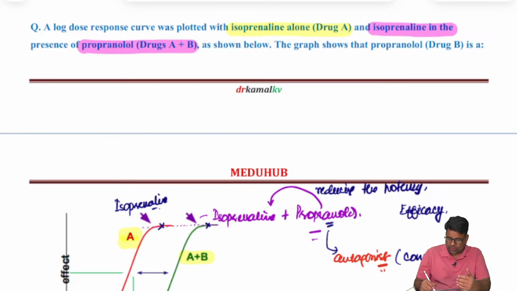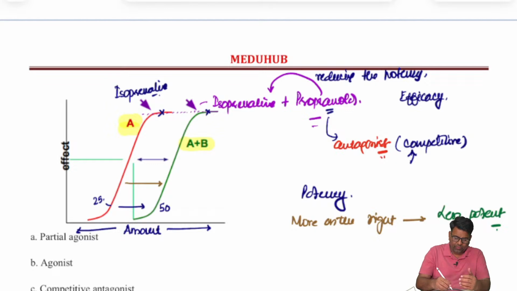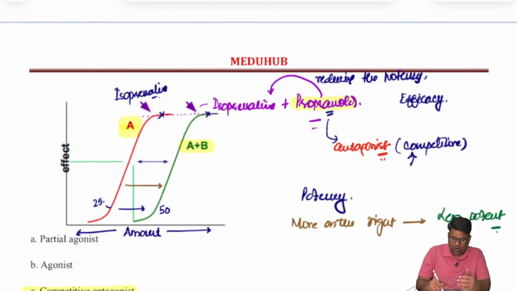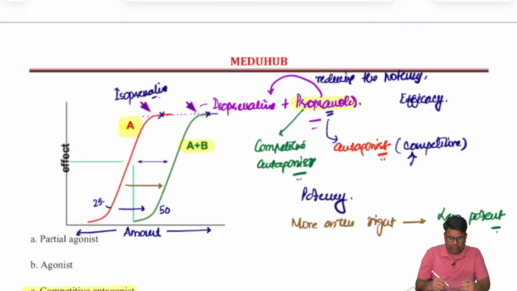So this is because of competitive antagonism, where we have to increase the dose of the substrate so as to get the effect. So this is a classical case of competitive antagonism, and here propranolol is a competitive antagonist of isoprenaline, and therefore it is reducing its effect, and to get the effect we have to increase the dose of isoprenaline.